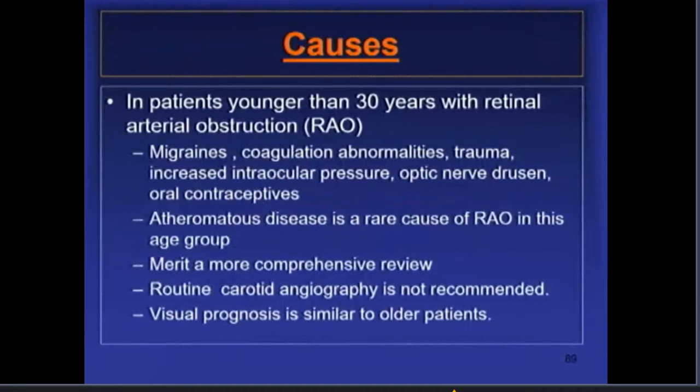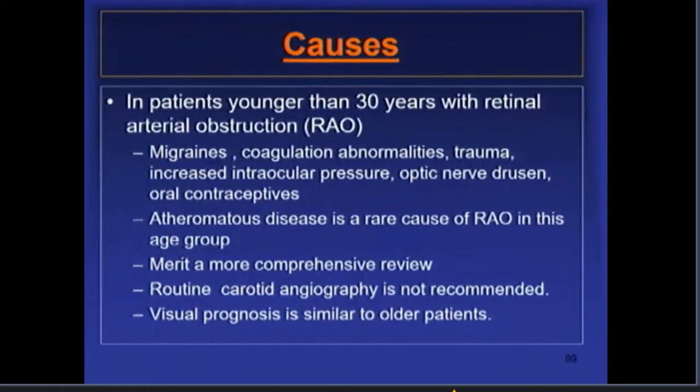Atheromatous disease is rare in this age group and merits a more comprehensive review of the patient. So when you have a young patient, don't take it simply; you have to work him up thoroughly to look for the possible cause. Routine carotid angiography is not recommended in this young patient.